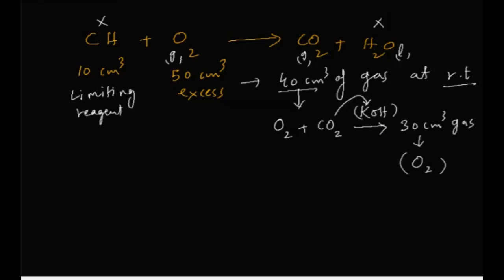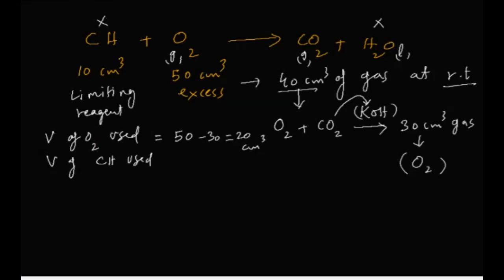So if we want to find out the volume of oxygen used, at the start of the experiment you took 50, 30 is left, so 20 is used. Whereas the volume of hydrocarbon used is given, because this is the limiting reagent, so 10 cm³ is used up.